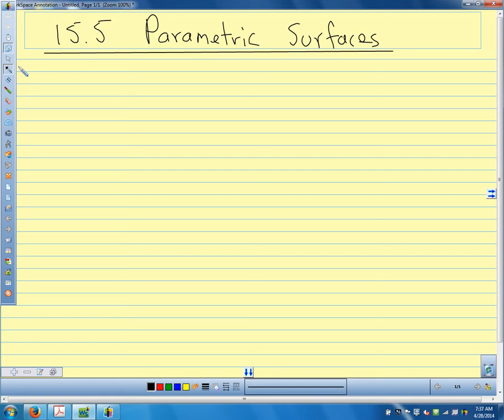And we're going to do something similar with surfaces. What this is going to lead us to, we're going to take this idea of a parametric surface, and we're going to do a surface integral. So we're going to sum the normal components of a field over a surface. So we want to build the tools that we need to do that.